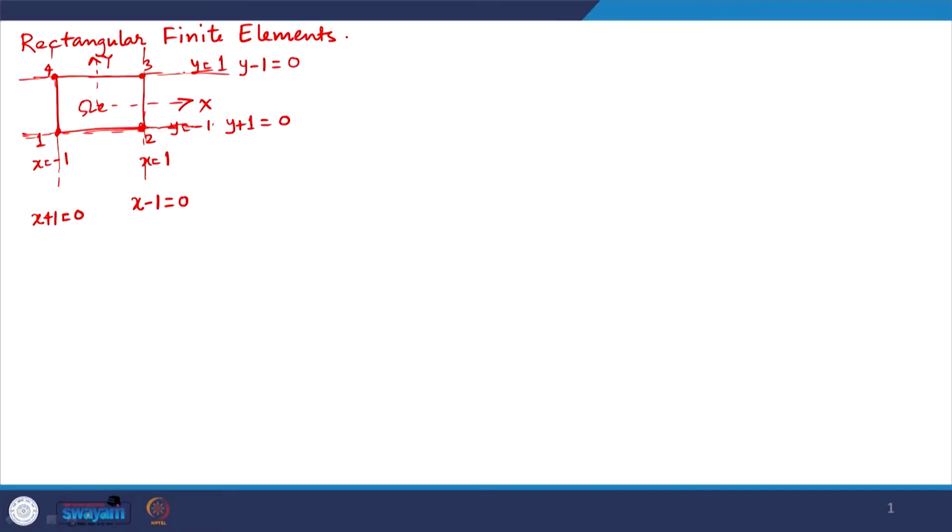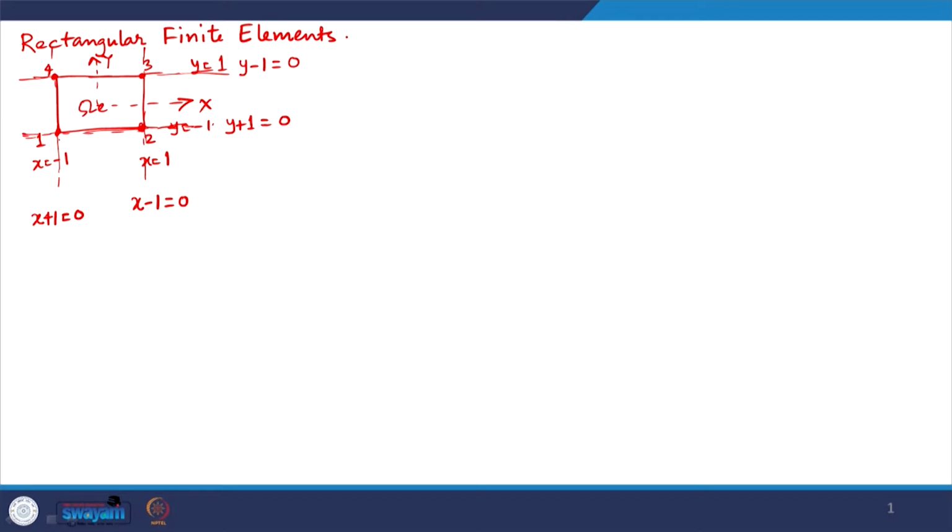The requirement for the interpolation function is that the interpolation function for the ith node should evaluate to unity at the corresponding node, and it should vanish at all other nodes. And if the nodes are located at the intersection of the grid lines, the simplest way to achieve the vanishing condition of the interpolation function is to just multiply by the appropriate grid lines.